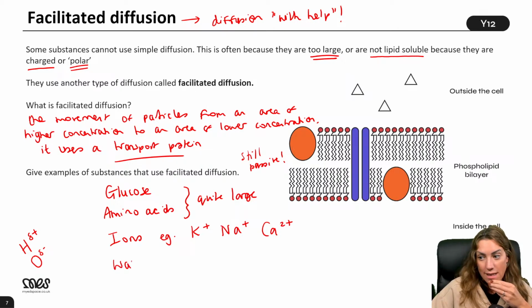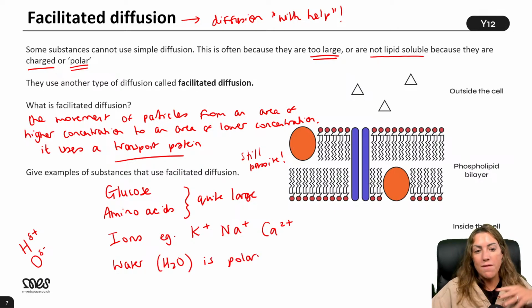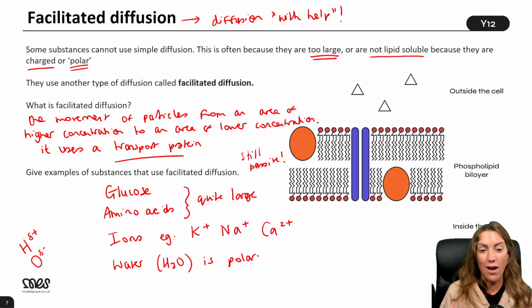Water can use facilitated diffusion as well because it's polar. So if it's too big or it's charged, it's polar. When we talk about this, we quite often talk about ions. Calcium ions, sodium ions, potassium ions. What other ones do we talk about? Just thinking, magnesium ions. All of these things need a protein.